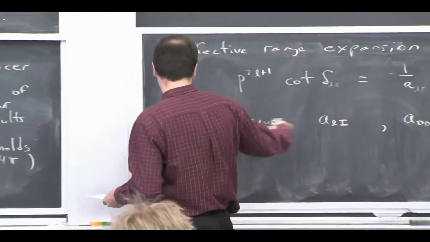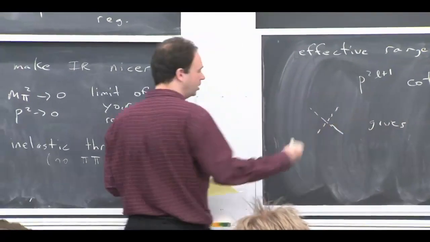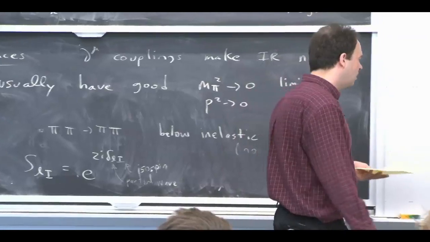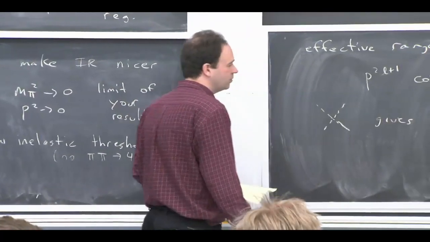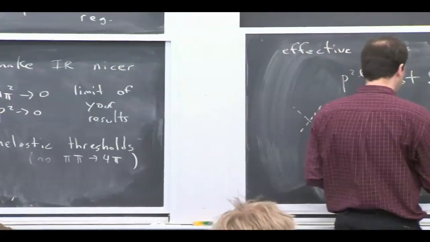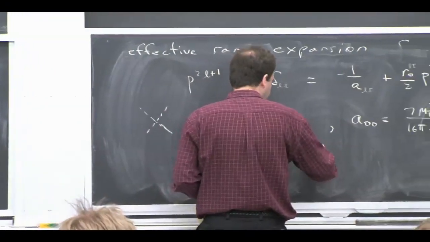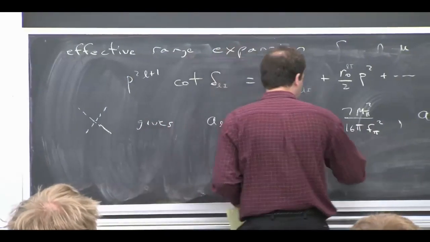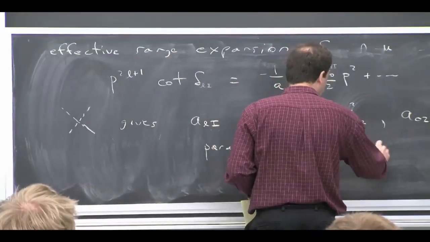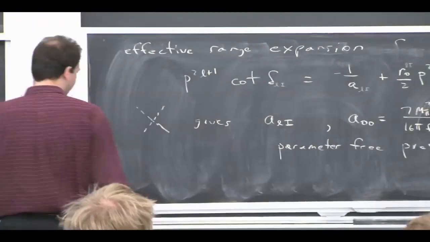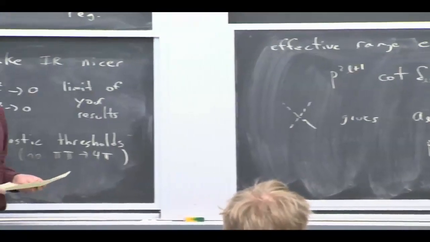And then from that, at lowest order in chiral perturbation theory, you have no parameters once you've fixed m pi and f pi. You can just make predictions for these scattering lengths, and those are the predictions. And they're parameter-free, in the sense that I just said. Okay, so that gives you some of the idea of what chiral perturbation theory can do for you.